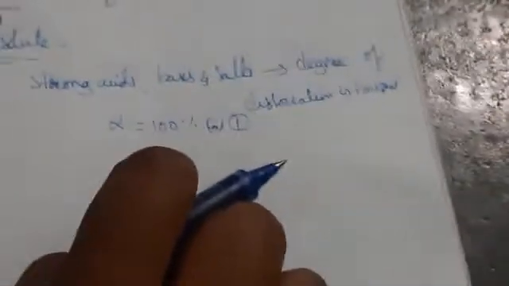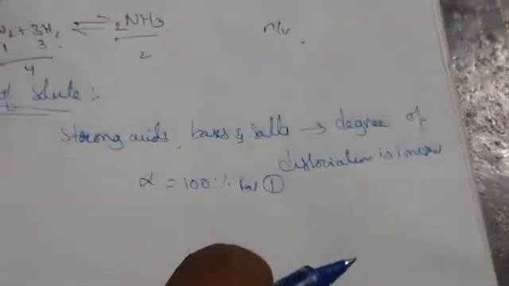We have seen this in the previous class, in the ionic product of water also, where we discussed degree of dissociation.